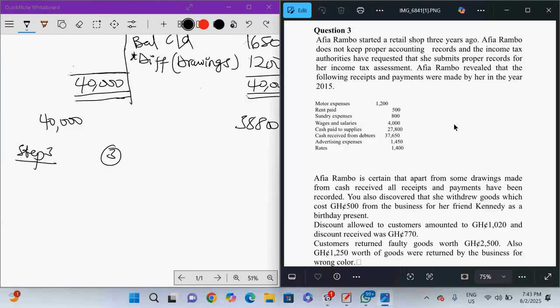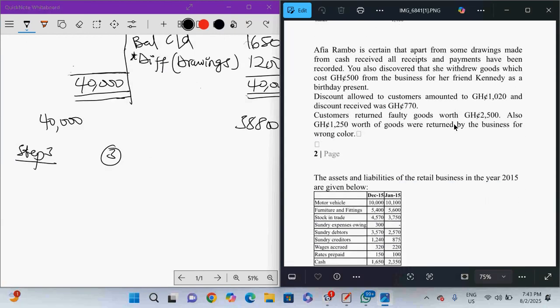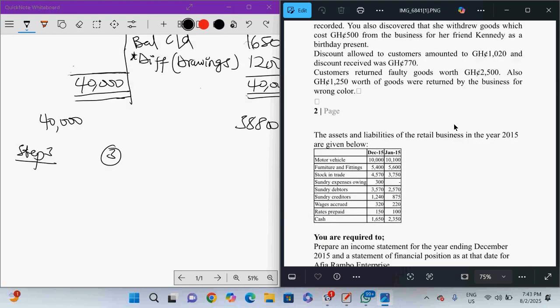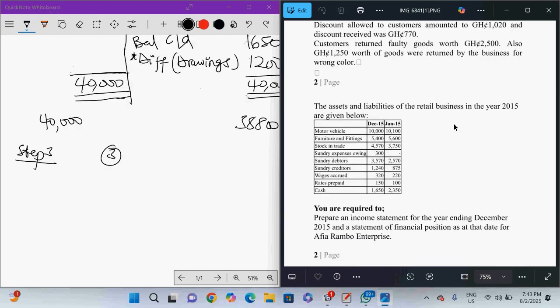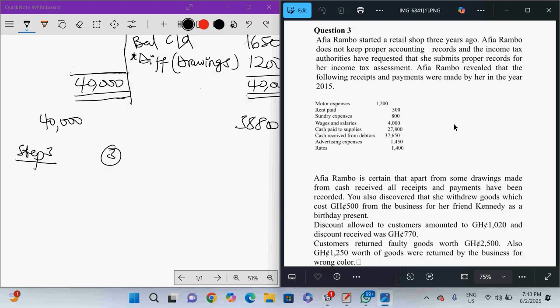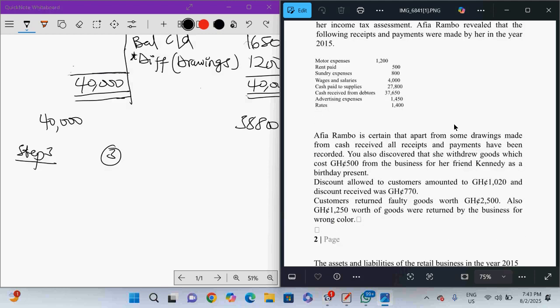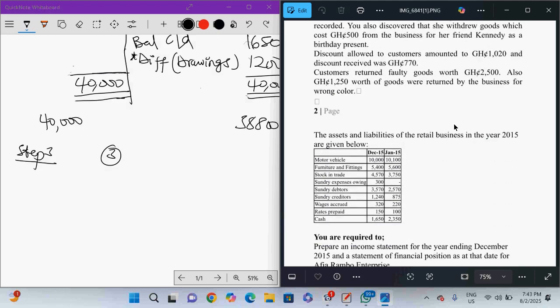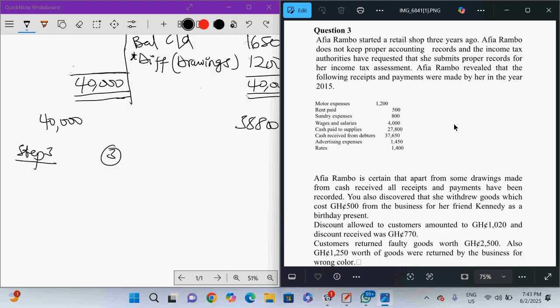From this question, were we given sales and purchases? No, please. We weren't given, so we have to find them.